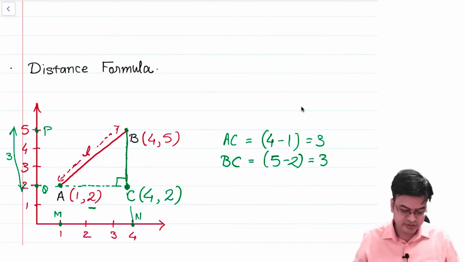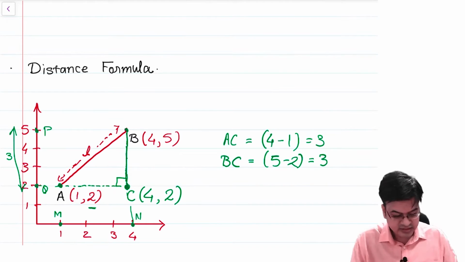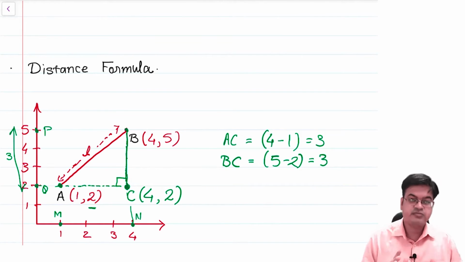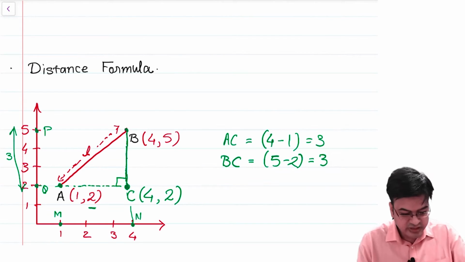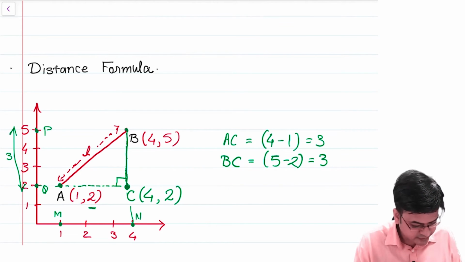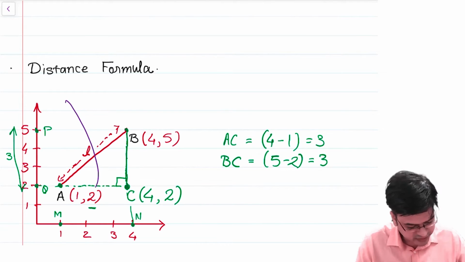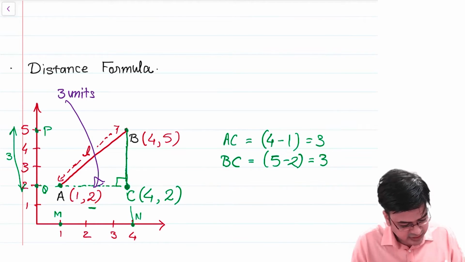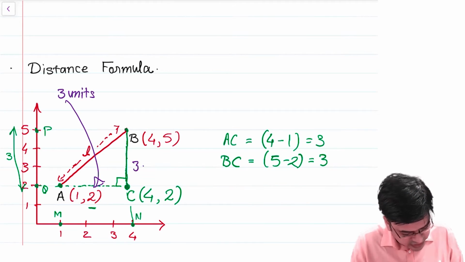And hence, now I have the entire setup which is required for applying the Pythagorean theorem. The first thing that I have is the length of AC, which is given here as 3 units, and the length of BC is also 3 units.